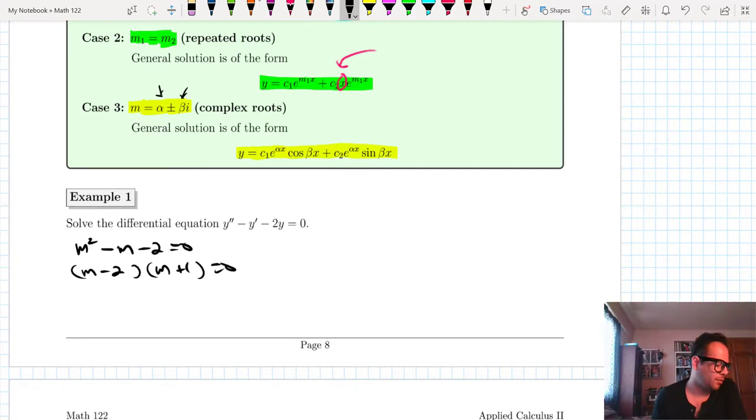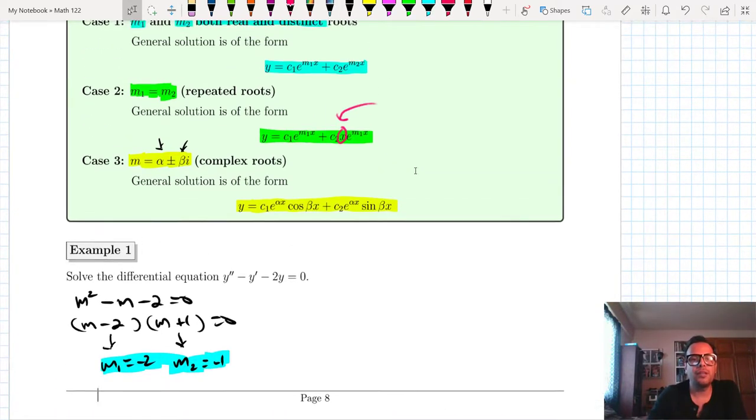Okay, so the solutions to this equation, m1 equals -2 and m2 equals -1. So in this case, these two solutions, notice they are the blue case, two distinct solutions, which is this case right here, the one I'm highlighting again.